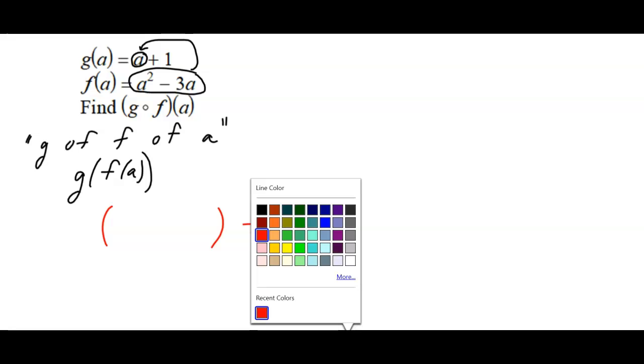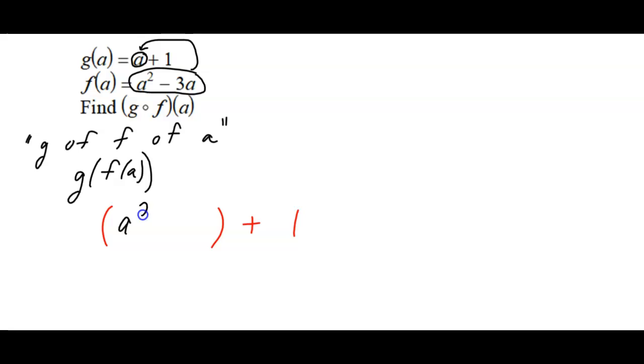But instead of the a, I'm going to put the entire f function in its place. So I'm going to take the a squared minus 3a and put it in place of a in g. I know that's a lot of letters. And then from there you simplify.